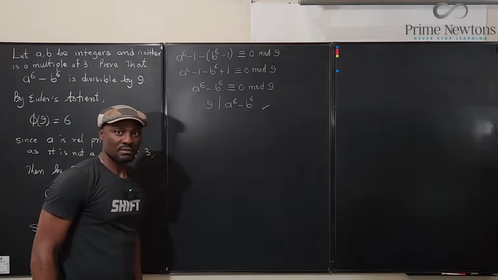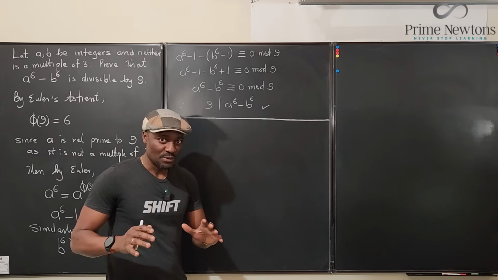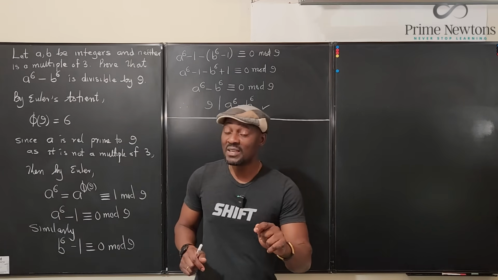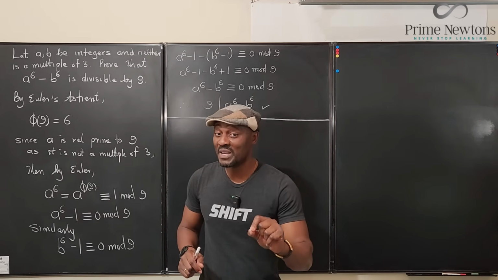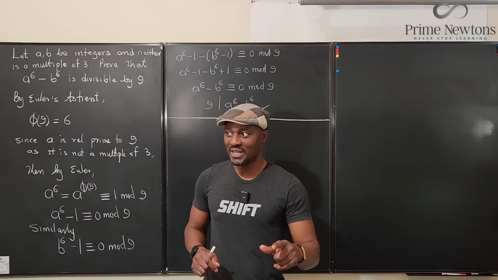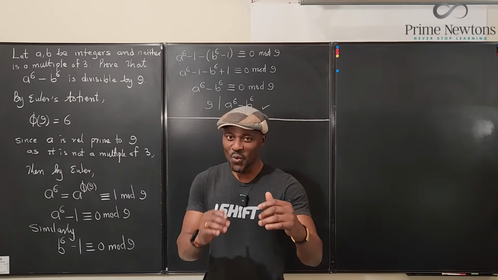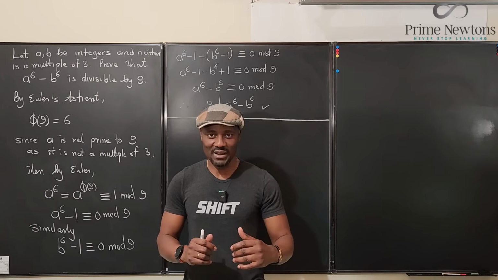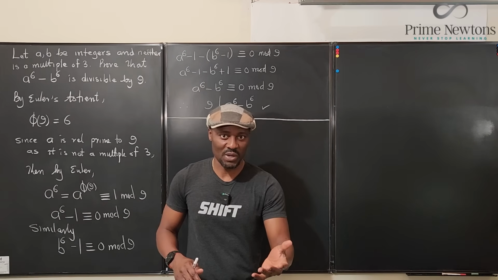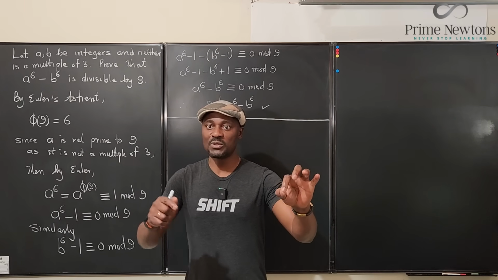We're done. Now, we're just going to do some algebra to do this problem. Note, because A and B are not divisible by 3, any number that's not divisible by 3 is 1 more than a multiple of 3 or 1 less than a multiple of 3. Any number. Pick the number 4. It's not divisible by 3. Well, it is a multiple of 3 plus 1.